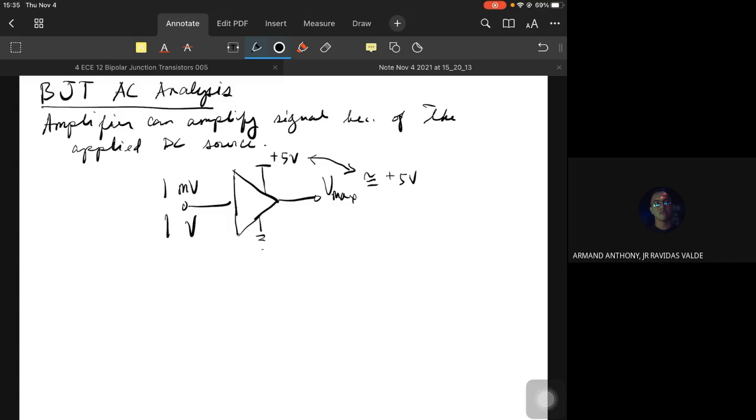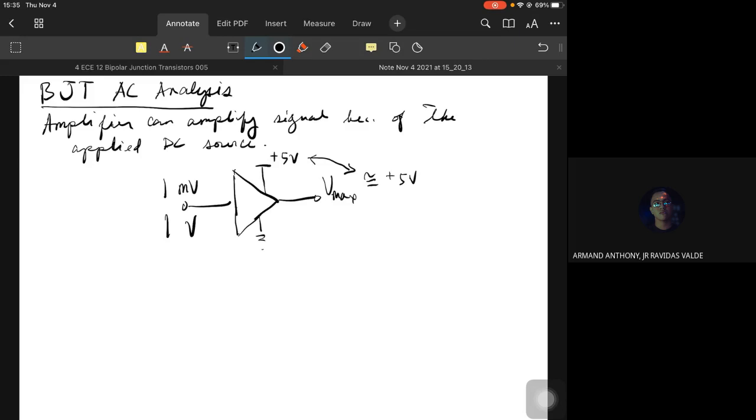But it's not the type of device that simply multiplies the input signal by its gain characteristic. The applied DC source still matters.